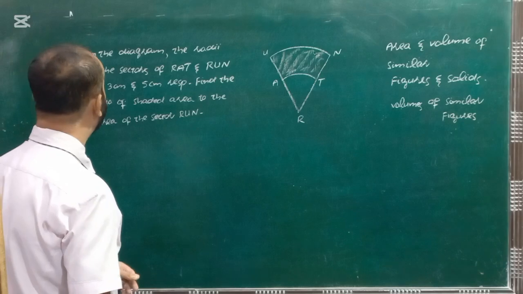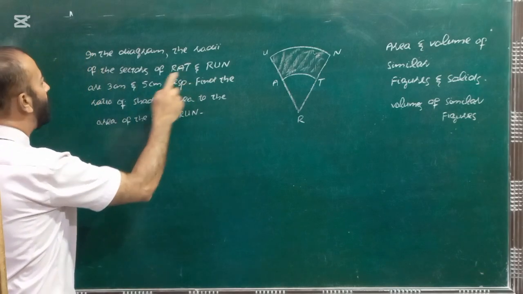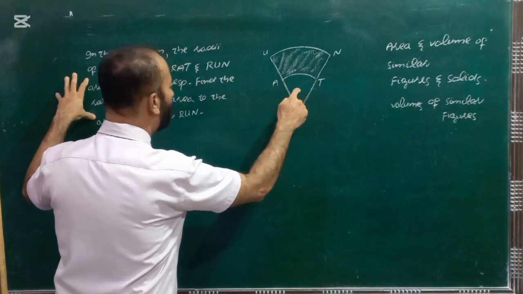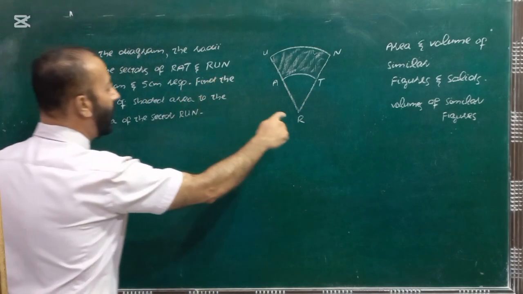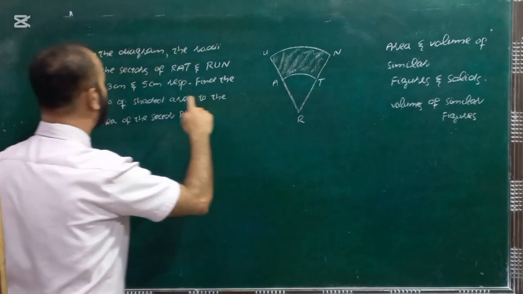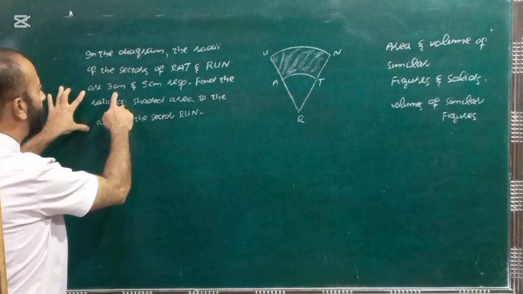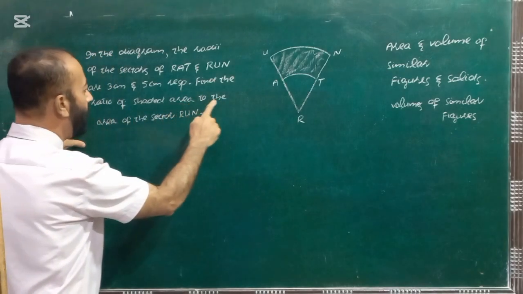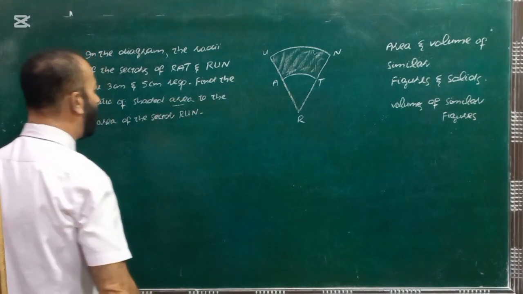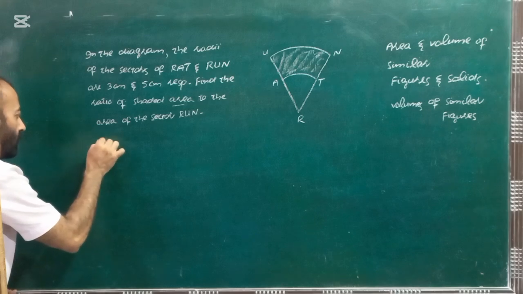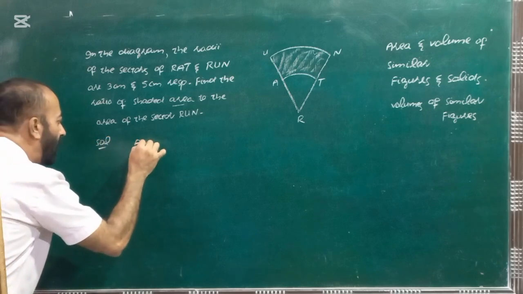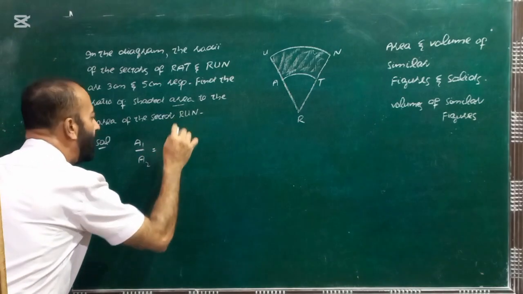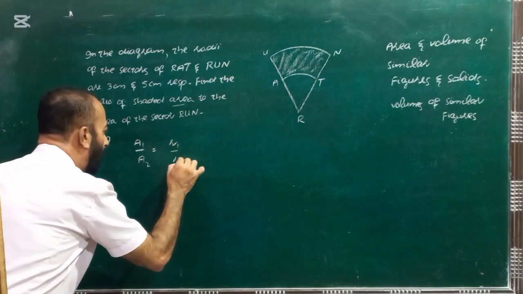Here is another question. The statement is: in the diagram the radii of the sector RAT, so this is a smaller cone, and RUN, and this is a bigger cone, has a radius 3 centimeter and 5 centimeter respectively. Find the ratio of the shaded areas. So areas are required. So the formula will be used A1 over A2 is equal to, because radii are given, R1 over R2.